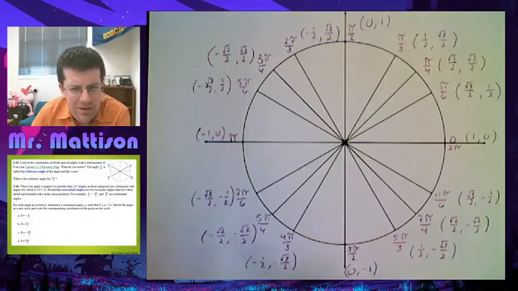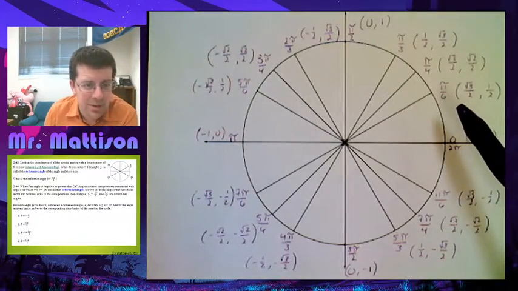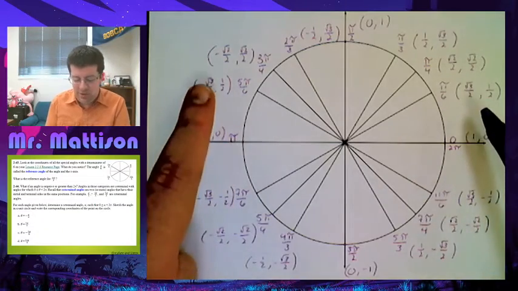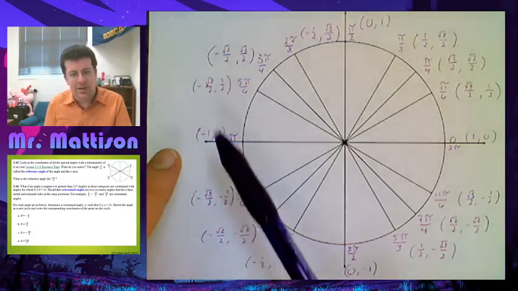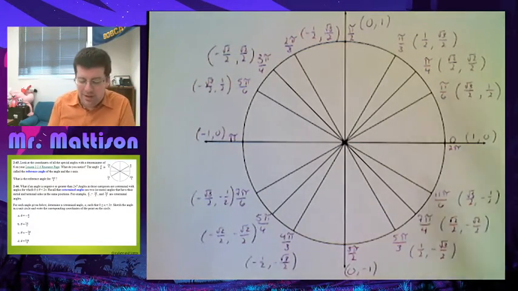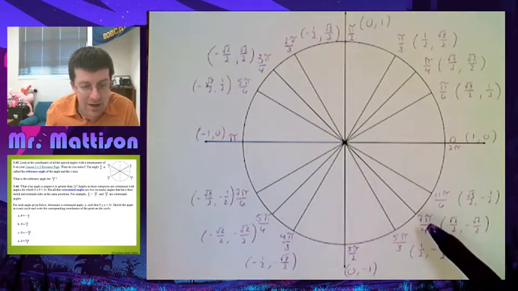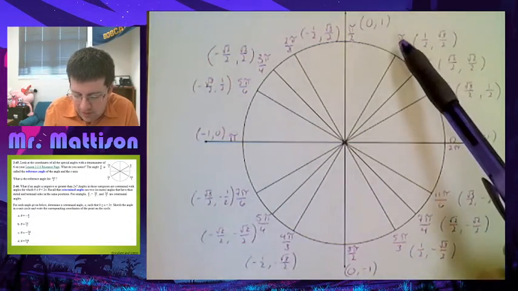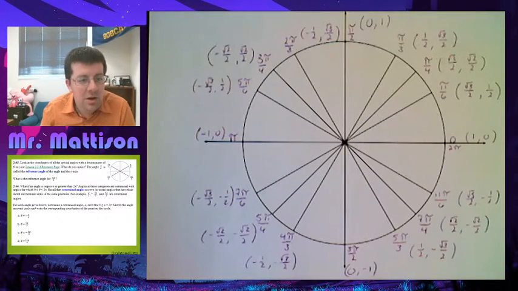Why it's the reference angle is it's the positive one we're more used to, but it gives us the exact same coordinates as these ones, but these three just have different signs as opposed to the ones here, right? And then likewise, pi over 4 would be 3 pi over 4, 5 pi over 4, and 7 pi over 4. And then pi over 3, 2 pi over 3, 4 pi over 3, and 5 pi over 3.